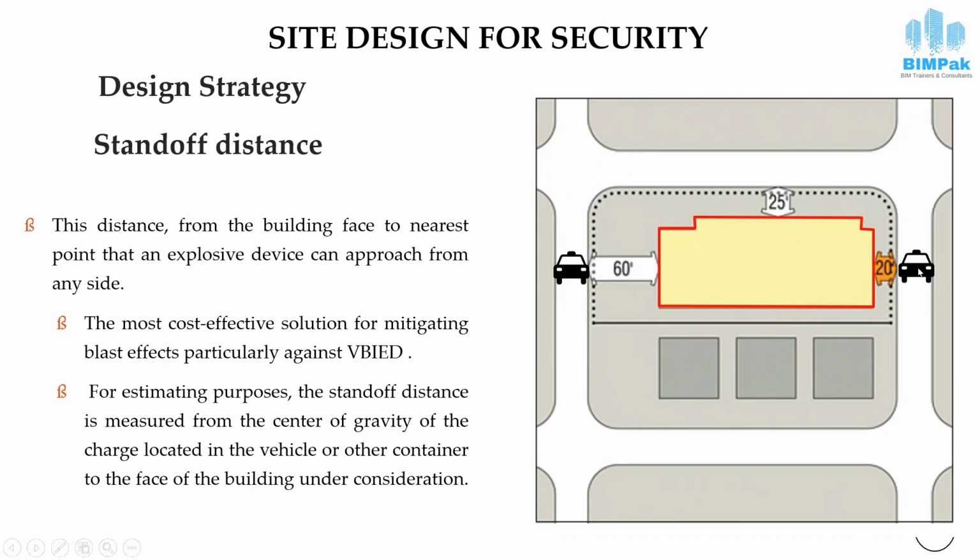At the same time, a vehicle can come this way, and the distance is 20 units, and another vehicle can also come to this point. So this is basically the standoff distance. If you keep on increasing this distance, in other words, you are mitigating the effect of blast loading.